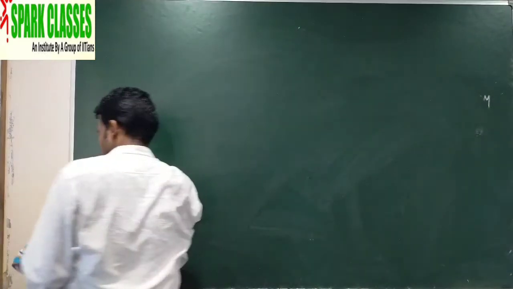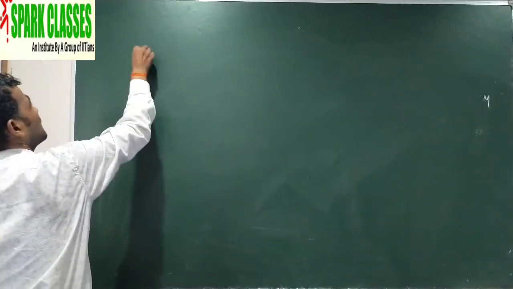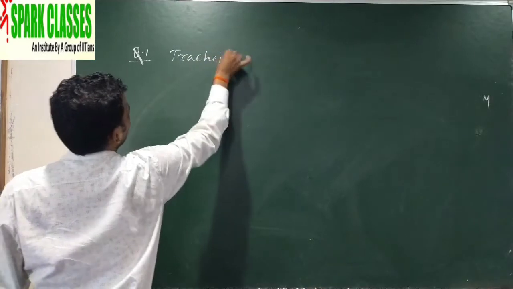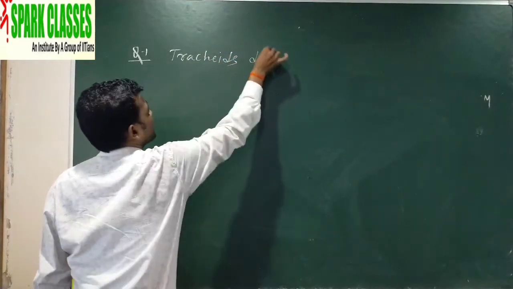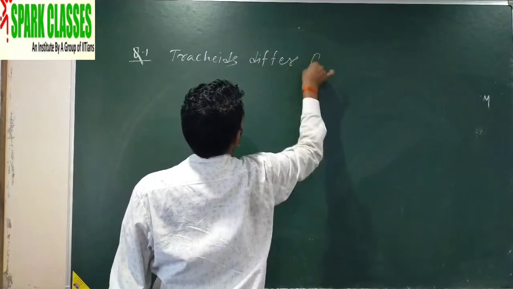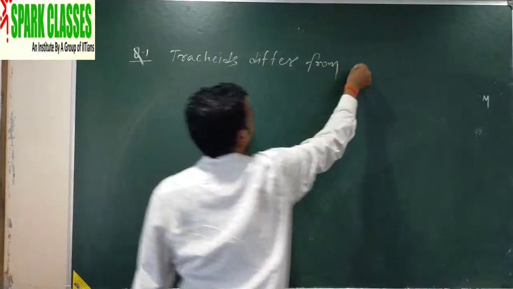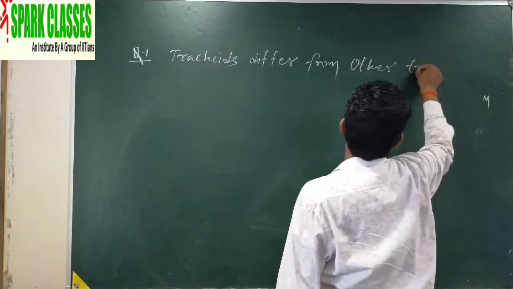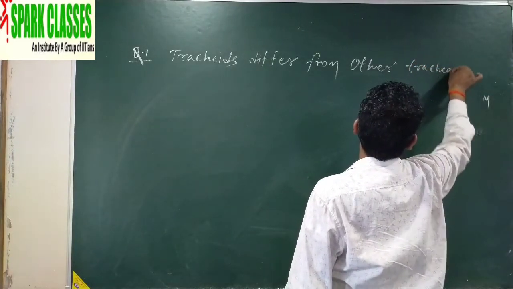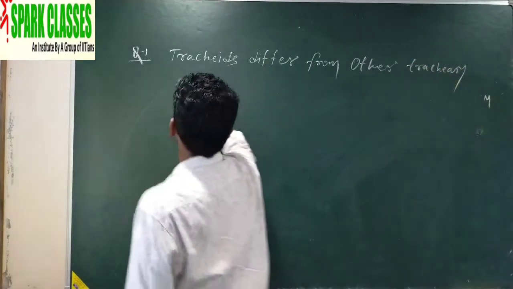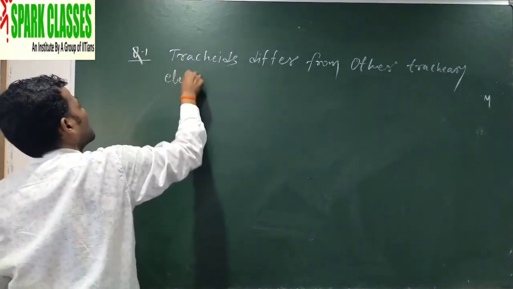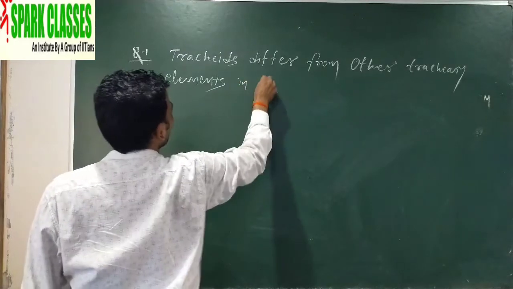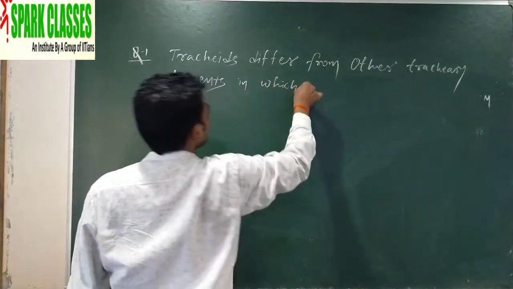So what is the question? Tracheids differ from other tracheary elements in which of the following conditions?